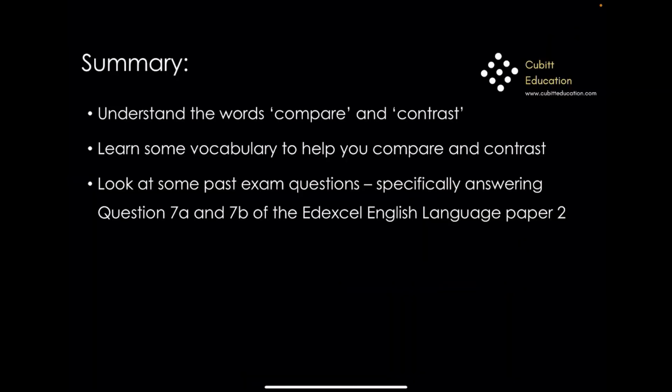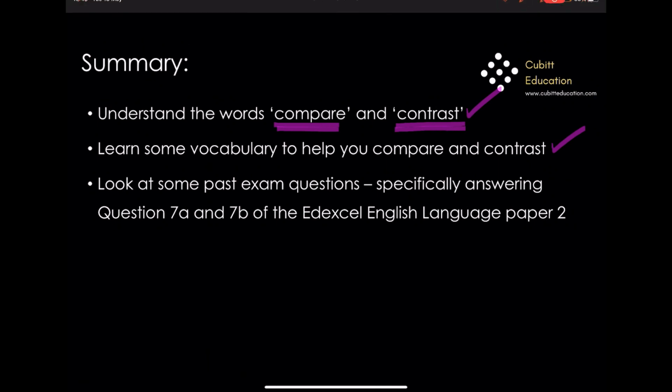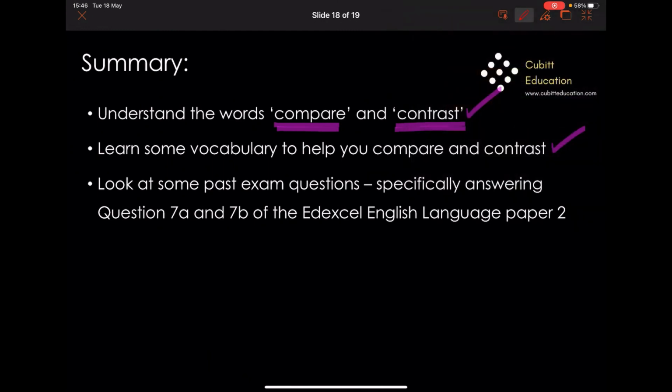Okay, so I am hoping then that today we have understood the words compare and contrast. Remember, comparing means to look at similarities and differences. A contrast is more of a difference, maybe a bigger difference. We've looked at some vocabulary. I know it's difficult to always know the vocabulary.